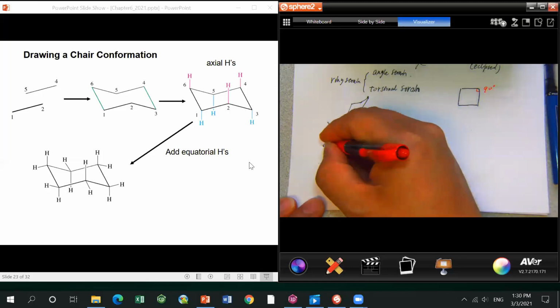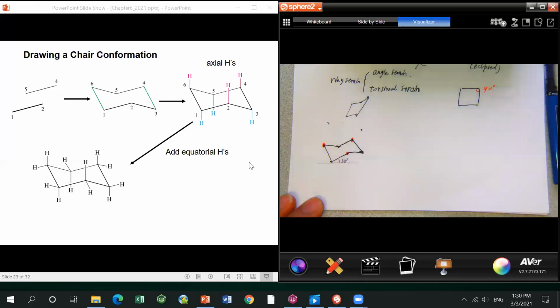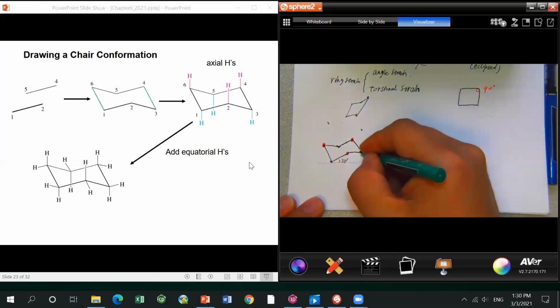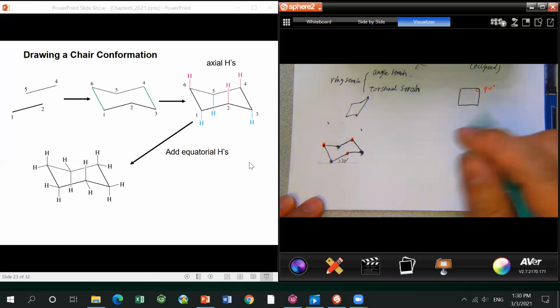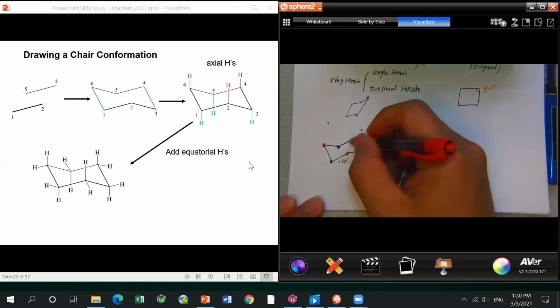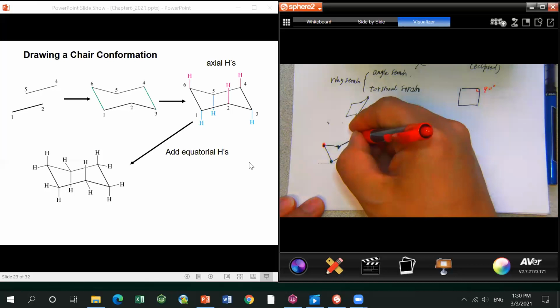Going up, these three, that's up, and then three carbons going down, this one, and this one. For the carbon going up, the axial bond will be going up.